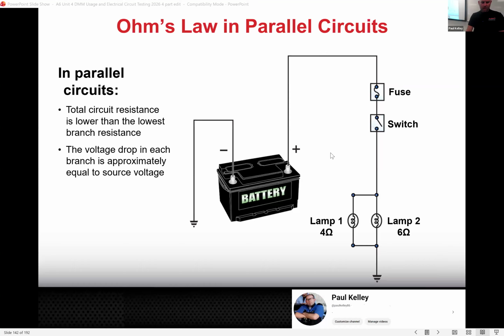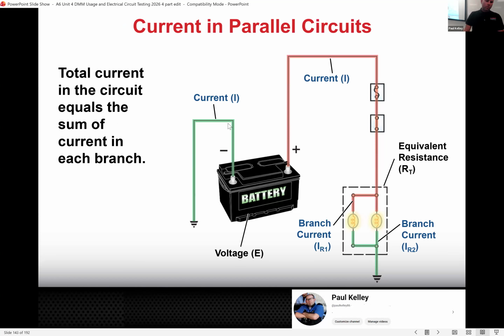So we will apply the math. A 4 ohm and a 6 ohm, we could calculate what the total resistance is, and we will, but I'm just going to do one slide on it. So if we were to look at this, it's pretty simple. The total current in the circuit equals the sum of current in each branch. All right, so let's just say we had, what size are they?